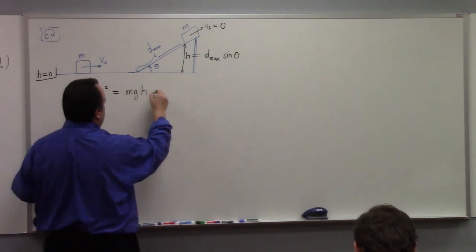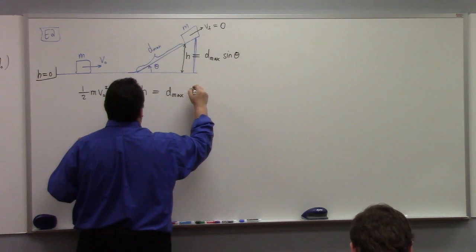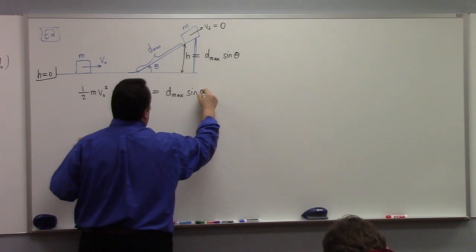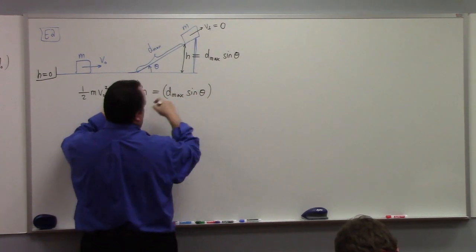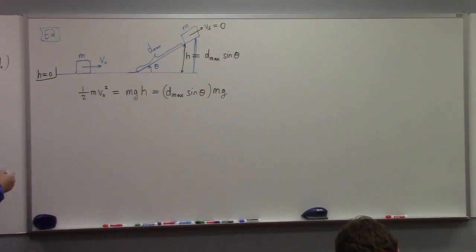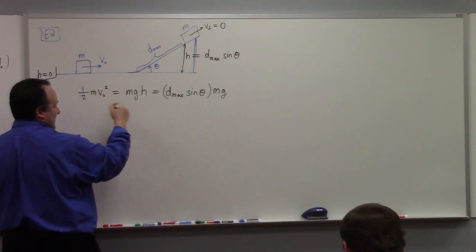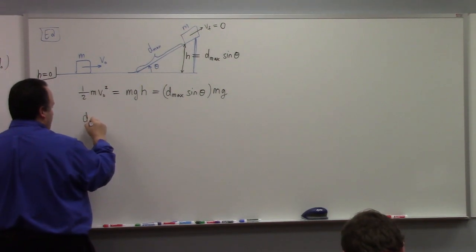So there you go: D max, which we're looking for, times sine theta. Well, that's my H, so I still have to multiply this by what? The mg I forgot to write. And check it out, the mass doesn't matter again. So yay, the mass cancels, and we can solve for D max. What do we get?